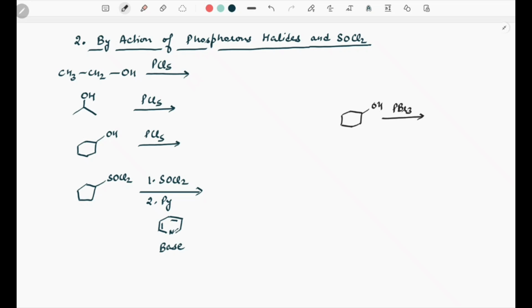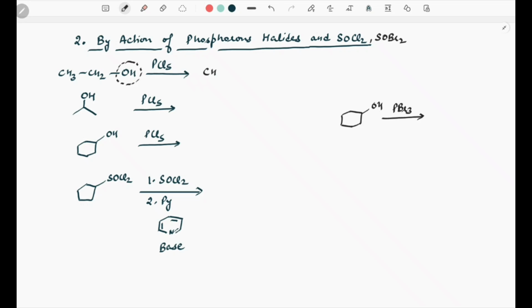Second method to convert alcohols into alkyl halides is the use of phosphorus compounds and SOCl2, even sometimes SOBr2 is also used. So what happens is this: when we treat alcohols with PCl5, this hydroxyl group is replaced by chlorine atom.